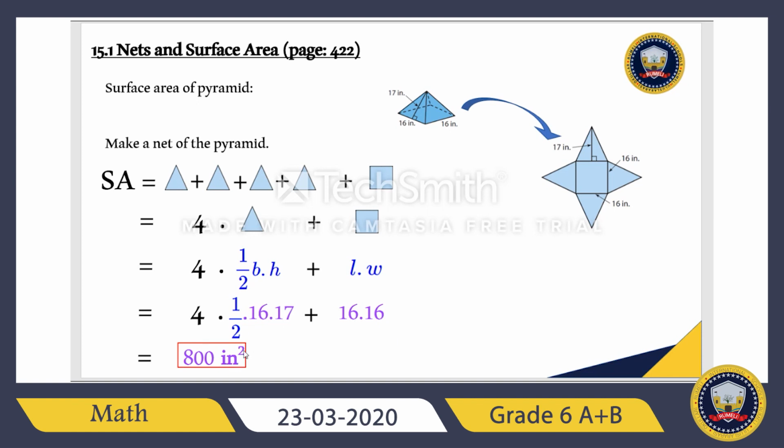Inch squared, again, why? My lengths here are in inches, so the area should be in inch squared. Now, 800 inch squared is the area of this net, which is a pyramid net. So the surface area of my pyramid is equal to 800 inch squared.